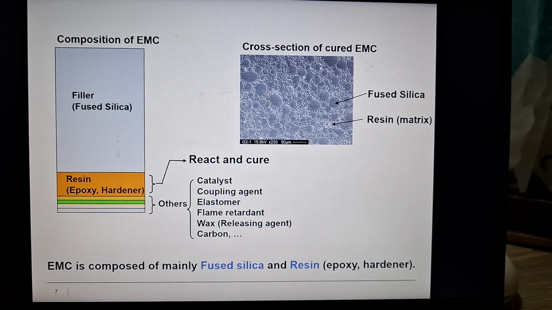So maybe some of the terms here are not useful to you, so let me just explain a bit. Catalyst is a precursor, a tool in order to engage things and then react. So a catalyst is needed in order for epoxy and hardener to react and blend. In order to react anything, you need heat, for example.